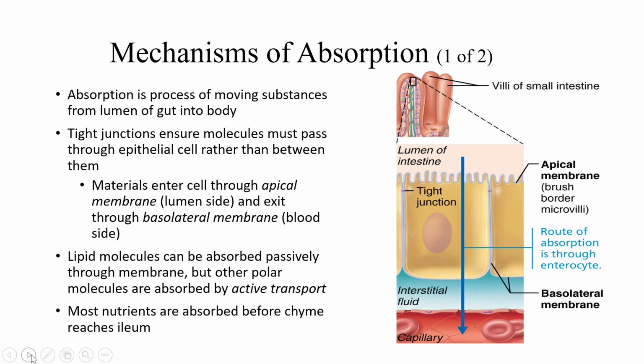And absorption is a process of moving substances from the lumen, the inside of the gut, into the body itself. See, the lumen of the gut is topologically still an external environment. Whatever you do not end up breaking down or digesting will be going out the other way.